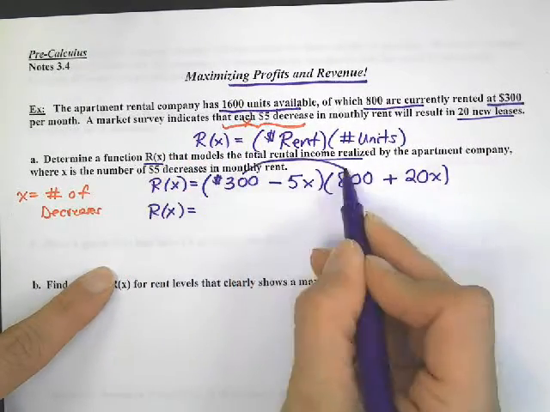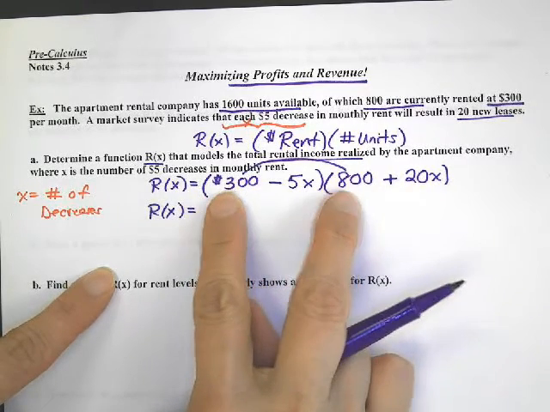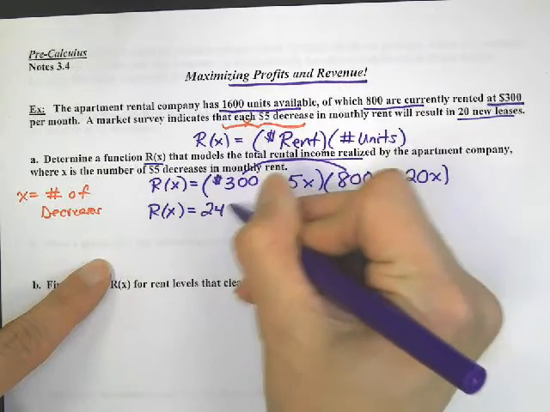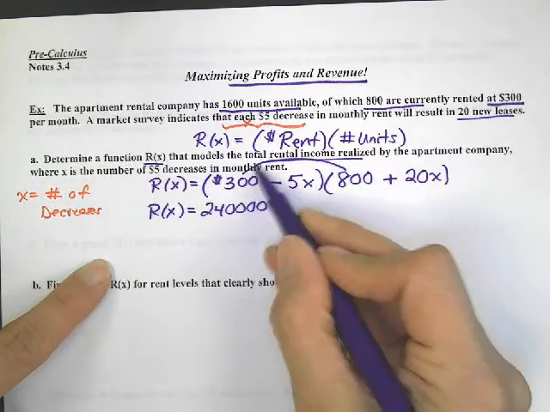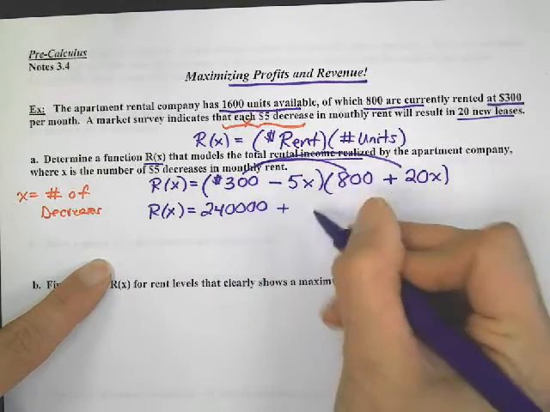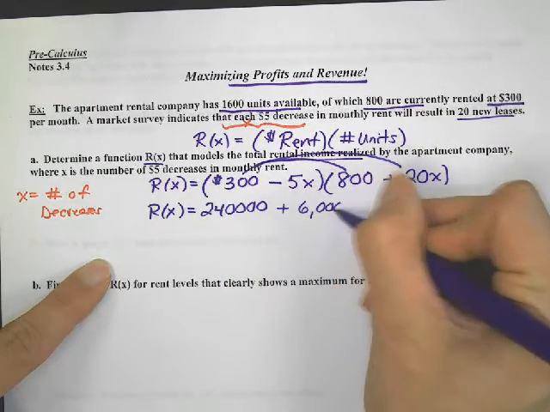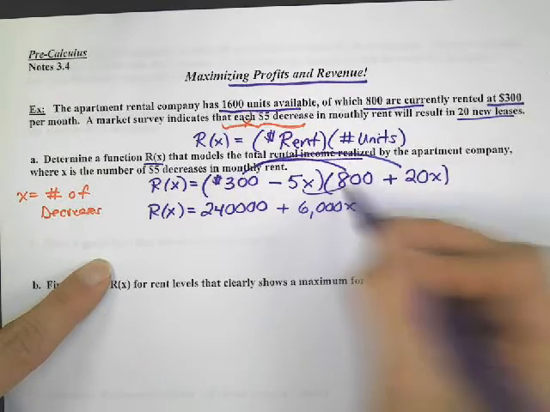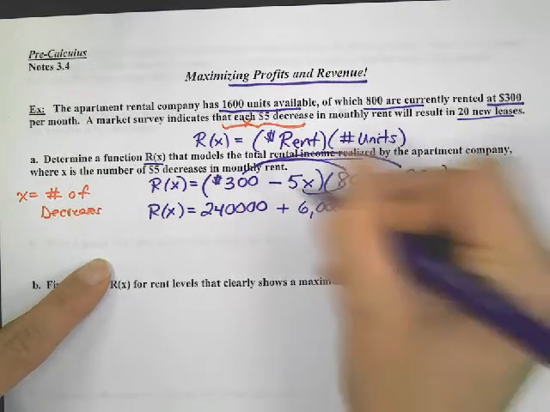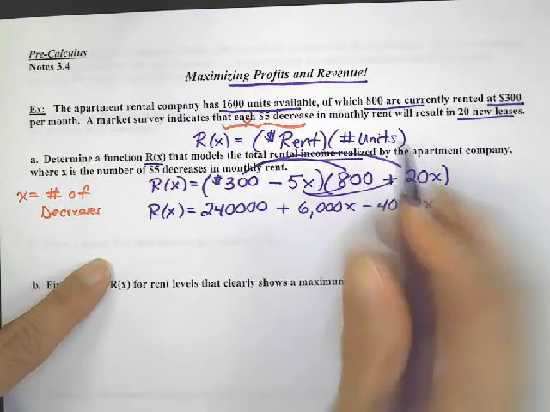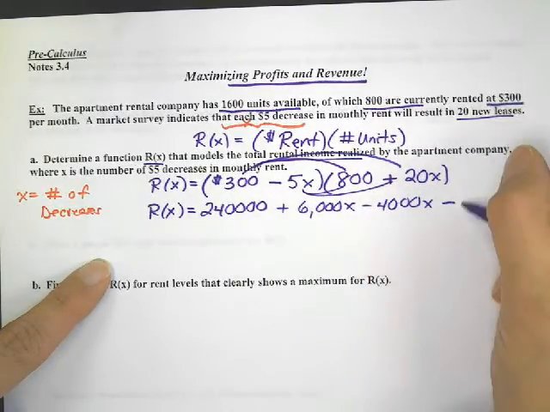When I multiply firsts, what's 3 times 8? 24 with 4 more zeros. 24, 1, 2, 3, 4 more zeros. When I do outers, that's going to be plus 6 with 3 more zeros. That's 6,000x. Inners is going to be negative 40 with 2 more zeros, x. And the last is negative 5 times 20, 100 with another 0.